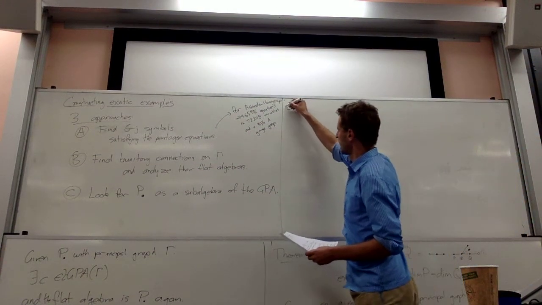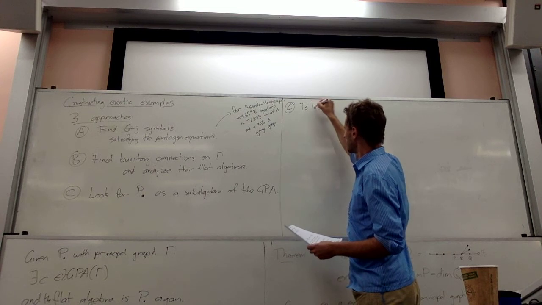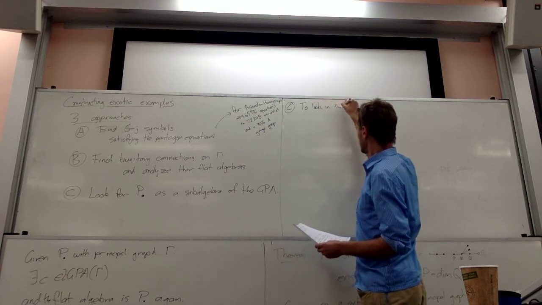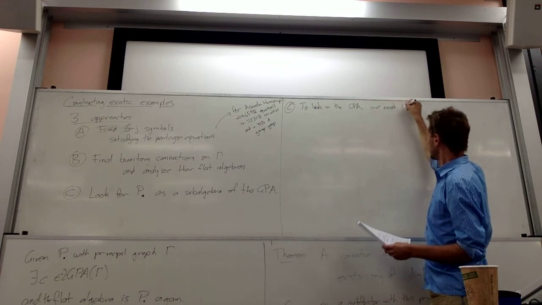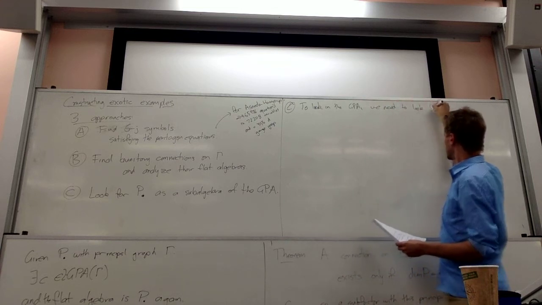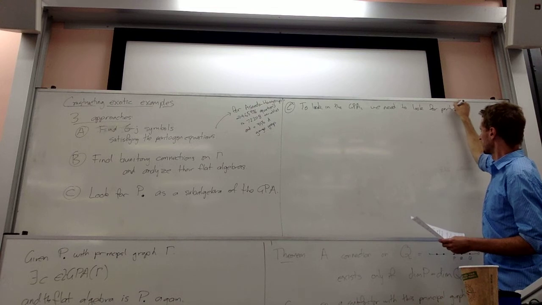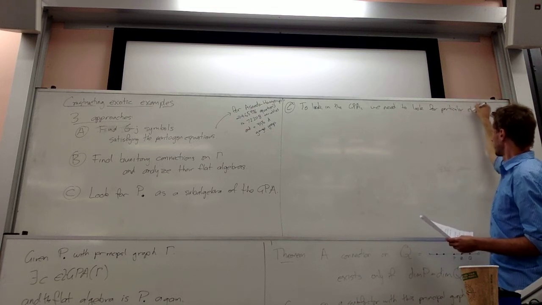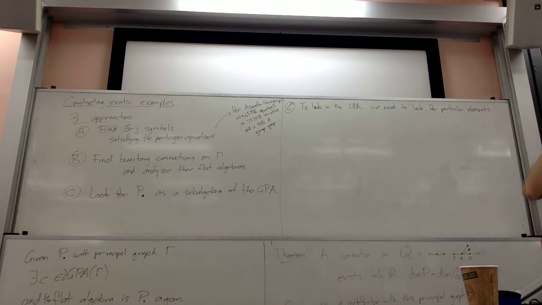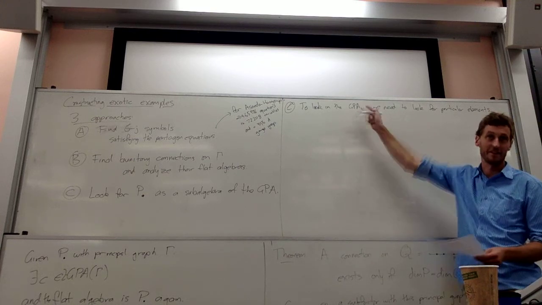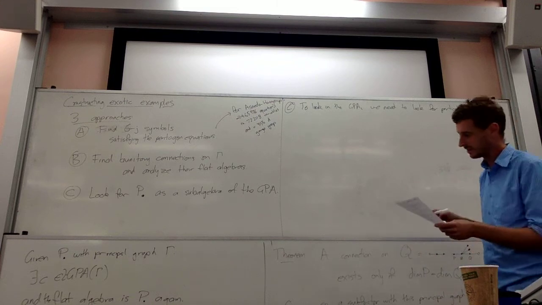To look in the graph planar algebra, we need to look for particular elements. So what I'm going to show you now is, just staring at a principal graph, how you can realize that there must be elements of the associated planar algebra satisfying certain equations, and then you can go and look for elements in the graph planar algebra satisfying those equations.